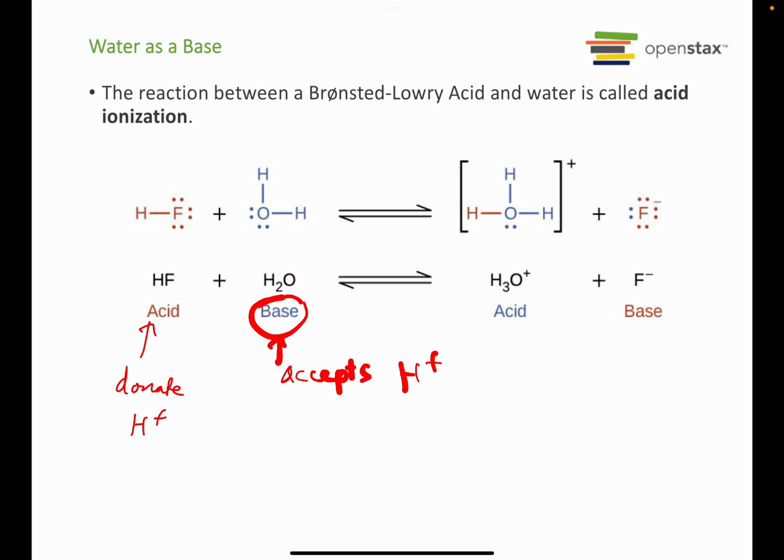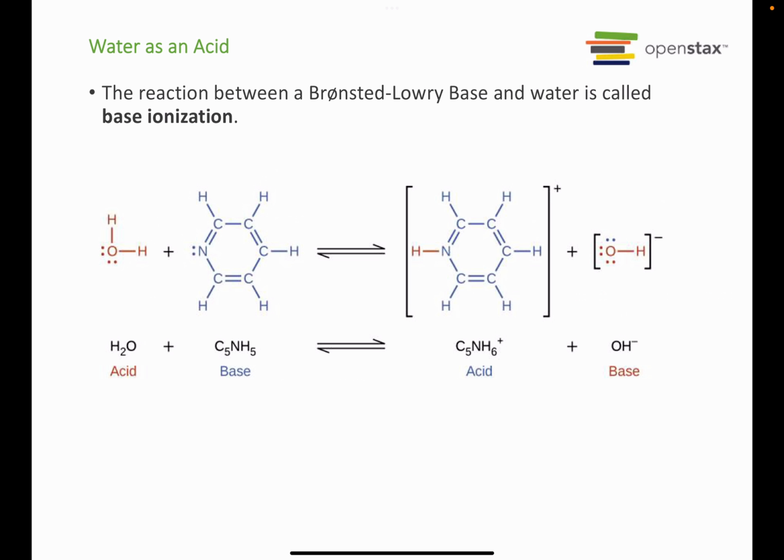You can think about it that way. Notice an acid becomes a conjugate base, and a base becomes a conjugate acid. Okay, again, acid, base. So water is really cool. Water can be both.